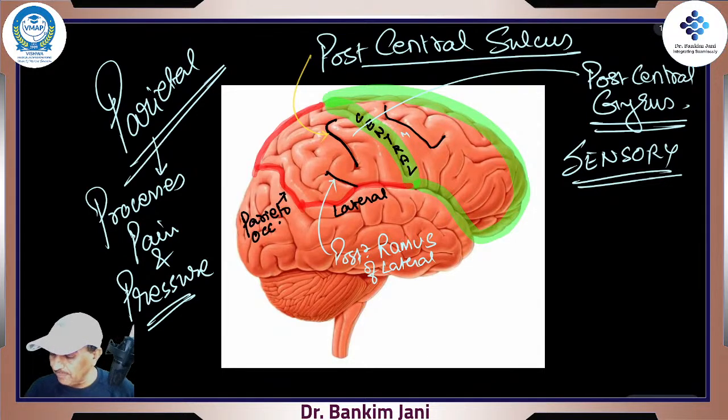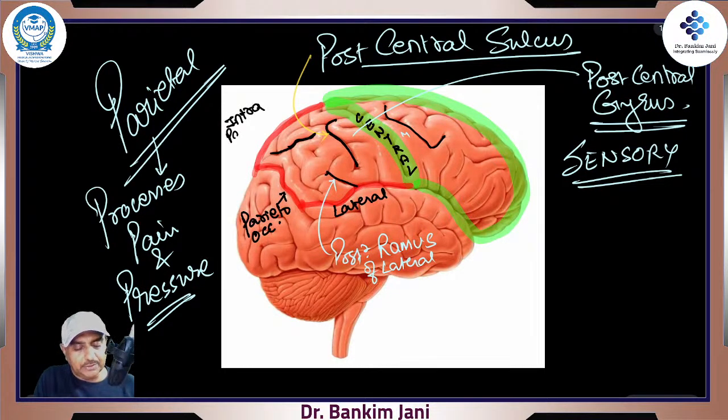We need to add one more, right, which is dividing the whole thing into half. See this one which is going like this. That is called the intraparietal sulcus. It is dividing the parietal lobe into superior and inferior. That's why it is called intra.